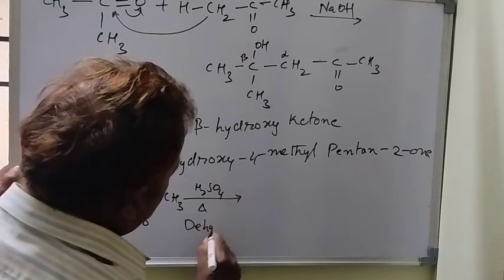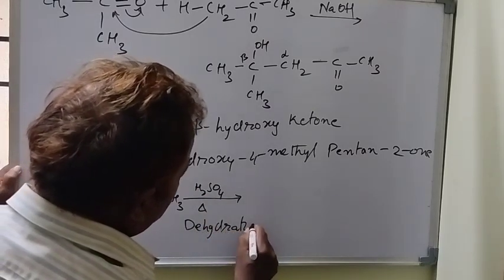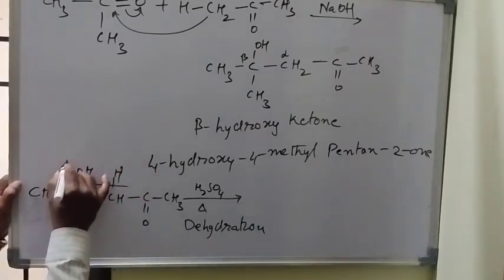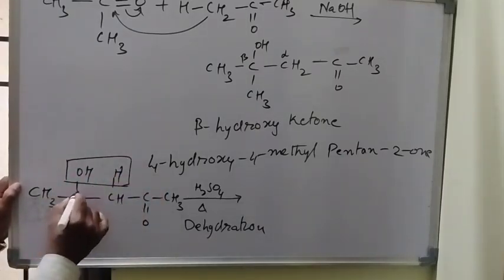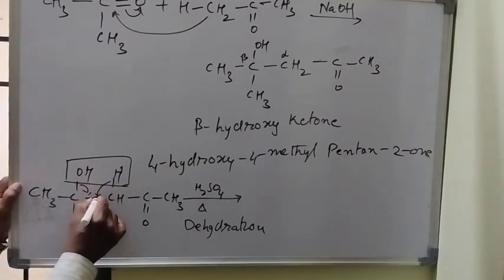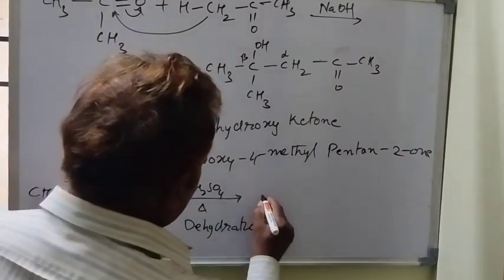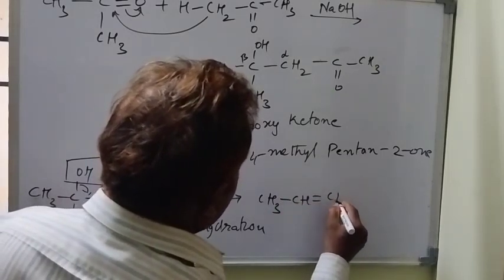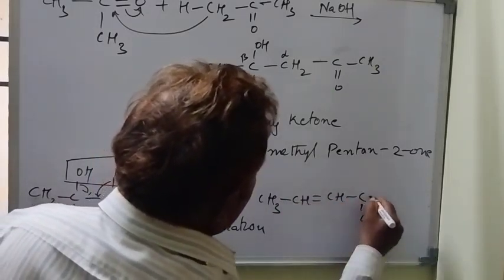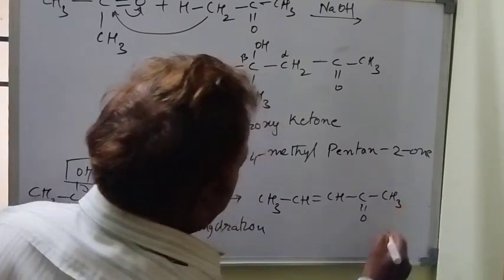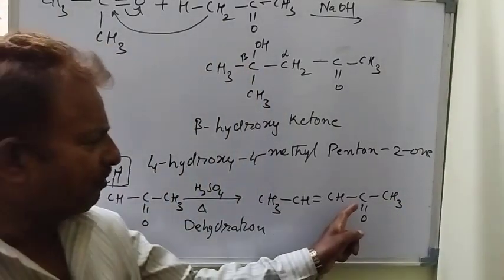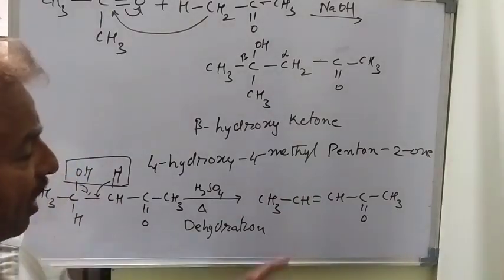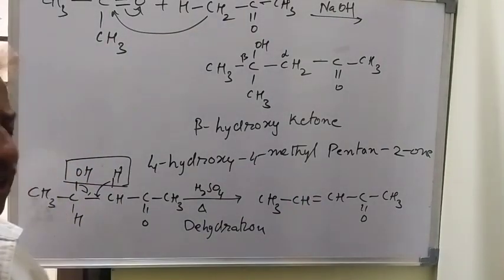This is dehydration. Dehydration means a water molecule is removed. So here this water molecule is removed. Therefore this bond shifts here, this bond shifts here. This becomes a pi bond. So this is CH3 CH double bond CH C double bond O, and this is CH3. So what is this substance? This is the functional carbon, this is alpha carbon, this is beta carbon. Therefore unsaturation is in between alpha and beta.